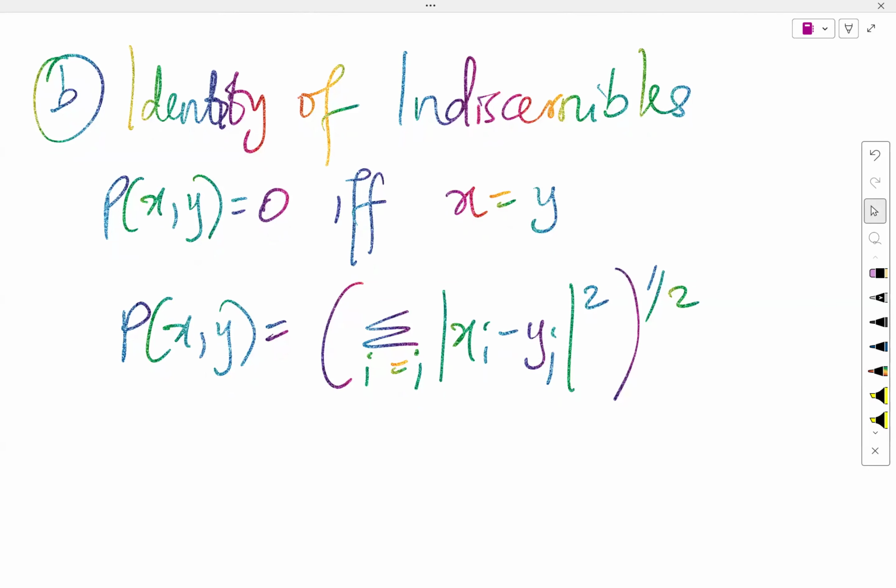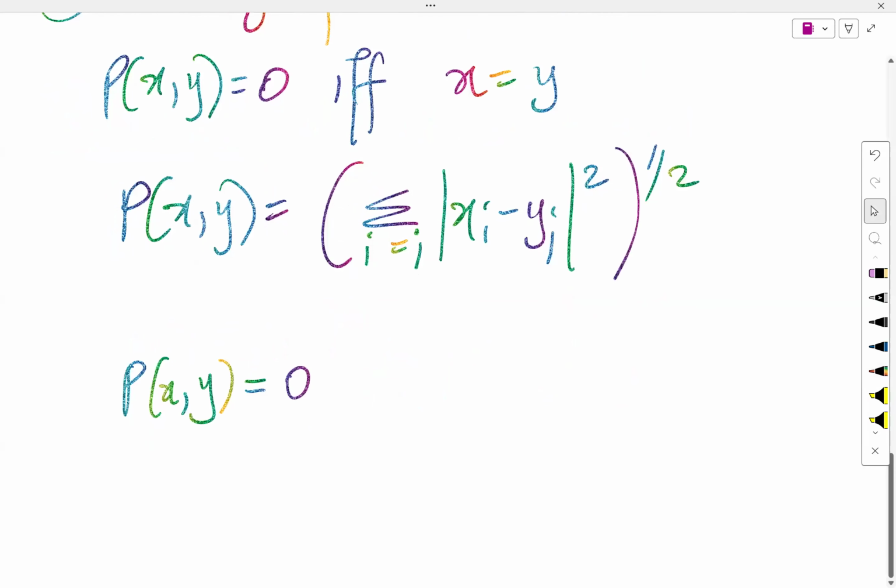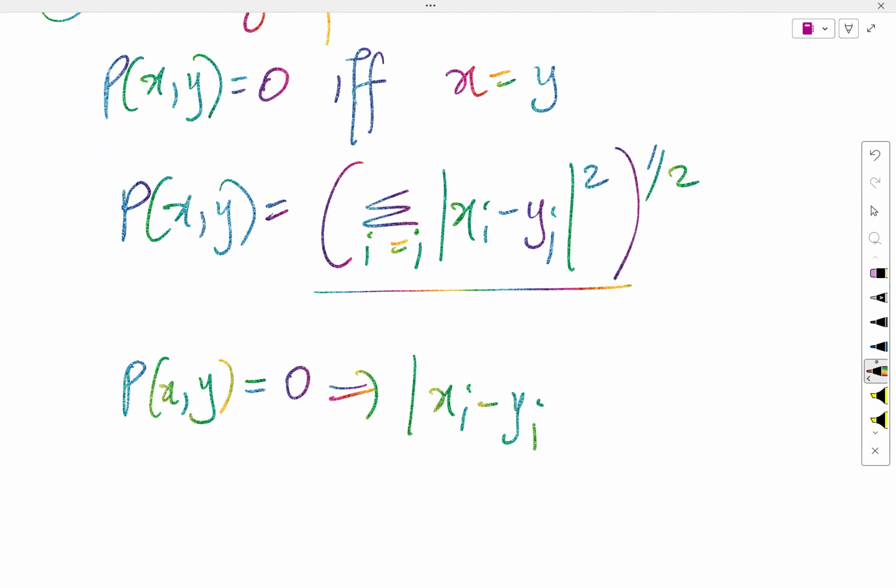So for identity of indiscernibles, right? We can start by saying that if P of x, comma y is equal to 0, that means that this whole expression is equal to 0. And technically, at the root of that is the fact that xi minus yi squared equals 0.